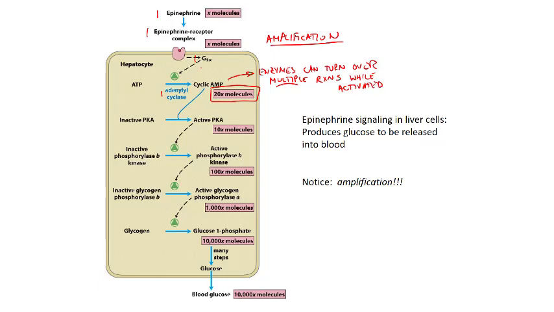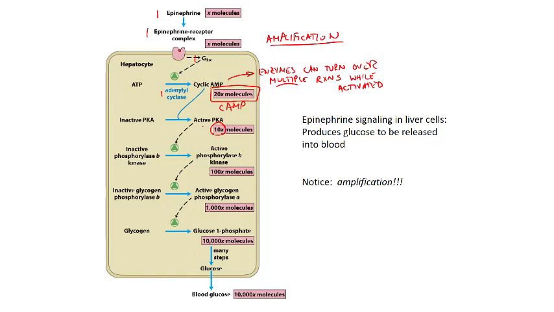So that means from your one G-alpha S, you'll end up getting maybe 20 molecules of cyclic AMP. All right, so your cyclic AMP is going to bind to protein kinase A, and I didn't tell you this, but it takes 2 cyclic AMP to activate protein kinase A. So that'll give us 10 PKA molecules. All right, so we lost a little bit of signal there.